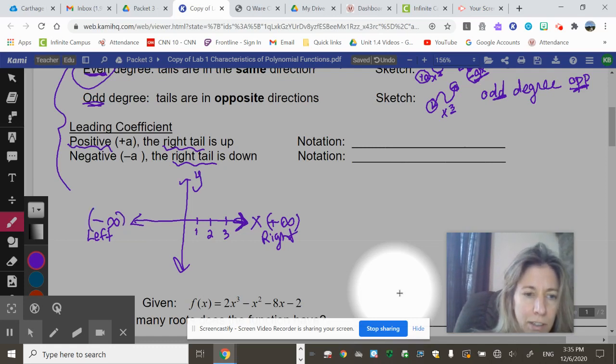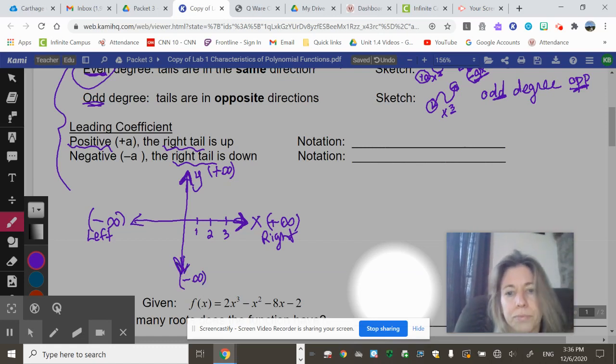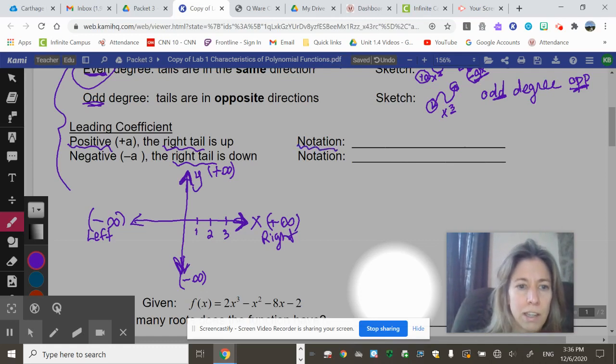Similarly, on the y-axis, as we're going up, we're going toward positive infinity, and we're going toward negative infinity as the y's go down. There's a special notation you'll see that talks about the right tail being up.